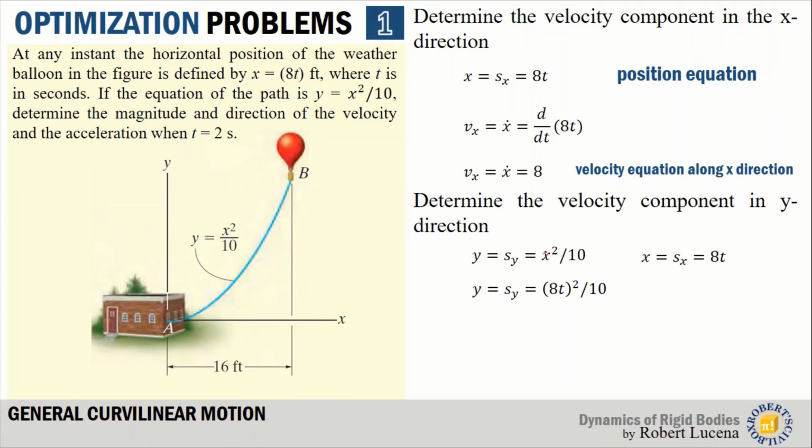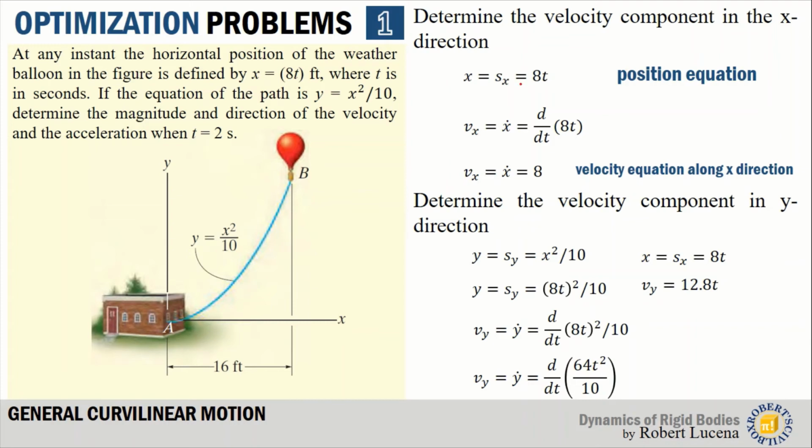Therefore, this is kind of a parametric equation because y is not directly a function of t, but x is a function of t, so we can get y in terms of t. Now, substituting the value of x, we get y equal to (8t) squared over 10. Now, to get the velocity about y, we simply get the derivative of y, but make sure that y is in terms of t because you are differentiating it with respect to time. So differentiating, we get vy is equal to 12.8t.